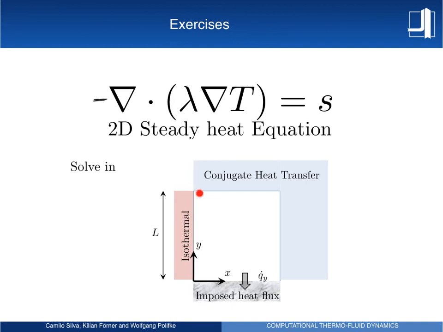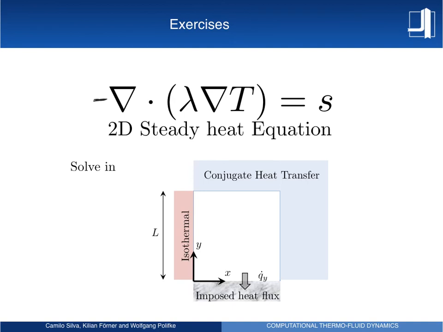We'll model a square like this, and we will impose 3 types of boundary conditions. We will have an isothermal wall, and we will introduce here, for example, the temperature of the surrounding fluid, let's say air. We will have a wall here that might be adiabatic, so the heat flux is going to be 0, or you can impose an actual heat flux which is not equal to 0.